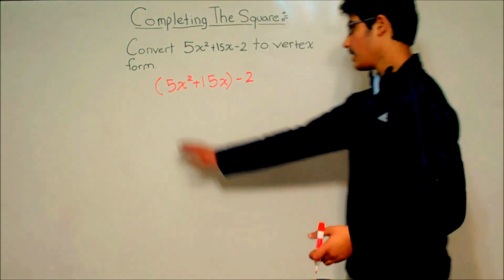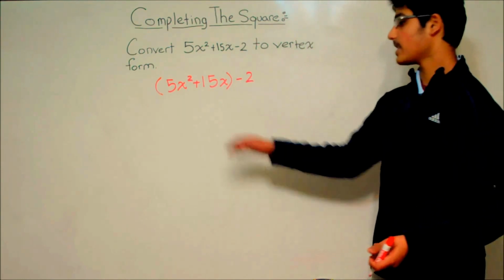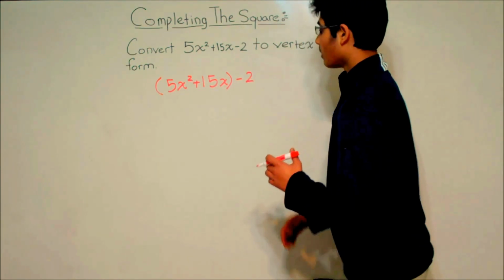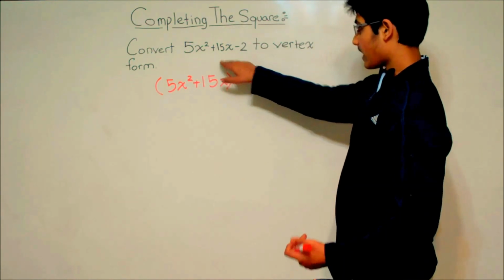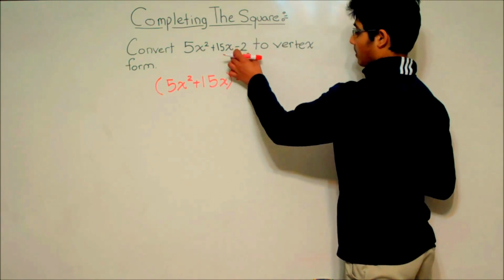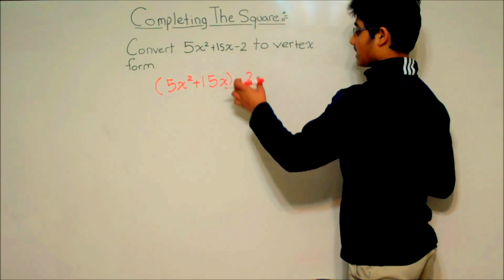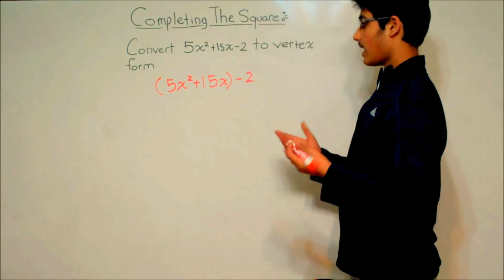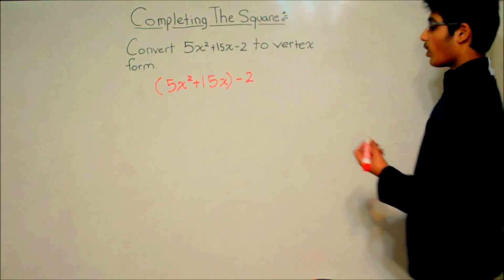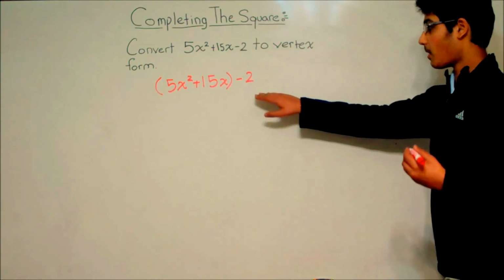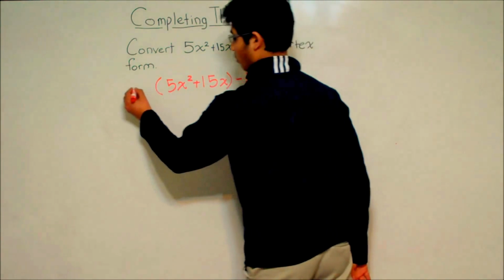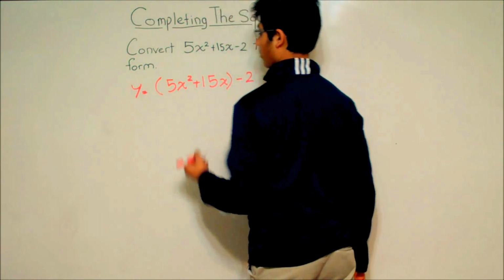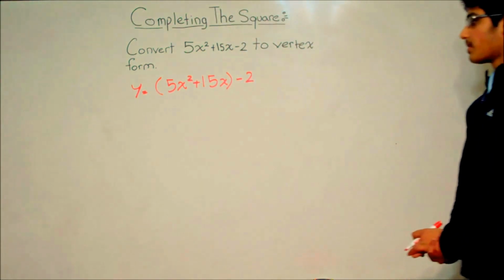The first part, which is inside parentheses, and that matters a lot, is ax squared plus bx. And then plus c, or in this case minus c, is on the outside of the parentheses. It's part of the second group. So, we have y is equal to, in parentheses, 5x squared plus 15x.